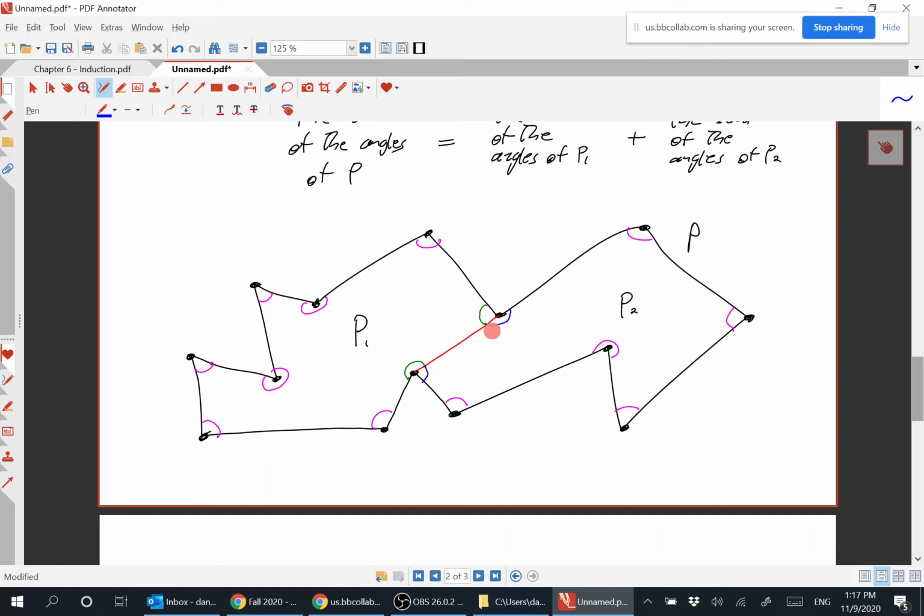The ones on the red side, that's the sum of an angle of P1 and an angle of P2. The rest of the angles are either an angle of P1 or an angle of P2 entirely.